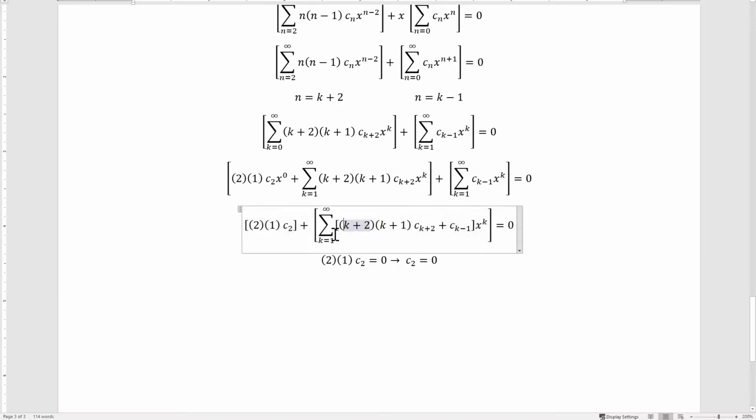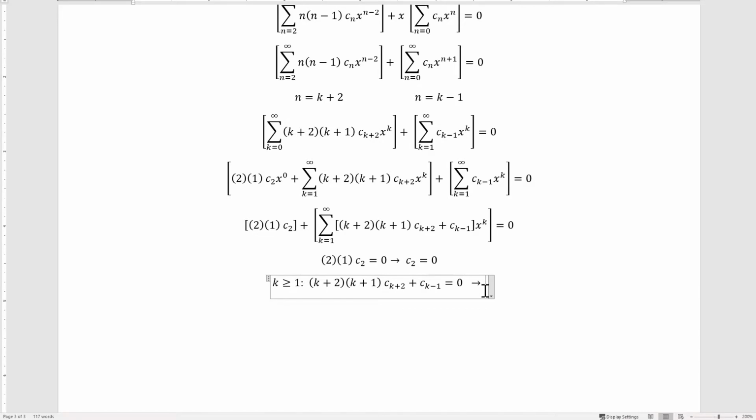Interesting. And now when k is bigger than or equal to 1, we have this relationship here. We want this thing to be equal to 0. So let's get that set up, equal to 0. And then your larger c sub is k plus 2.